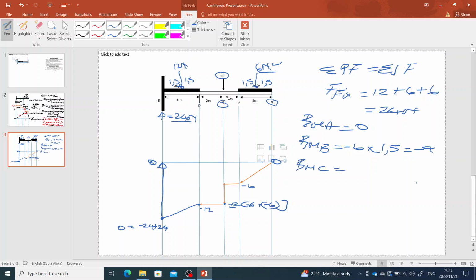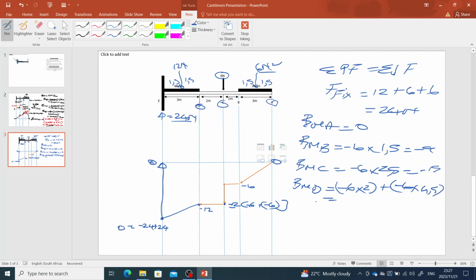Then bending moment at C, bending moment here, it will be -6 multiplied by perpendicular distance would be 2.5. Then you get your answer as -6 multiplied by 2.5 as -15 Newton meter. Then bending moment at D, it will be -6 multiplied by perpendicular distance would be 2 plus -6 multiplied by perpendicular distance from here to there, it is 4.5.